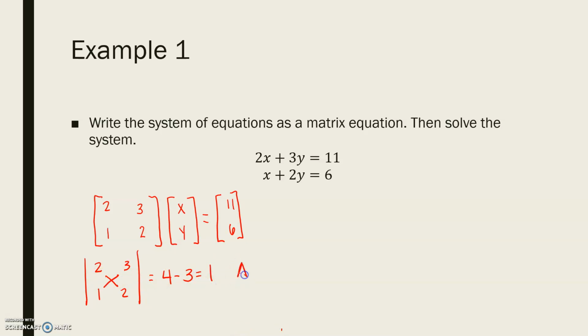That means that when I do my inverse, I'm going to have 1 over 1 times, and now I'm going to switch the order of the ones on the main diagonal, although in this case with them being the same number, it looks like they don't change. And I'm going to change the sign of each of these numbers, -1, -3. Since it's just 1 over 1, that means that my inverse is the same.